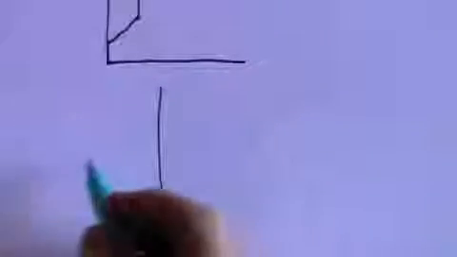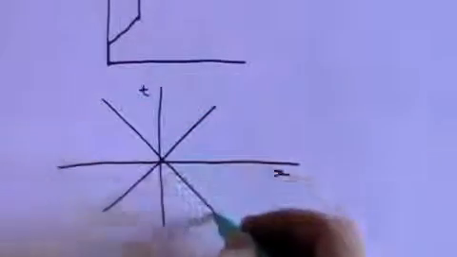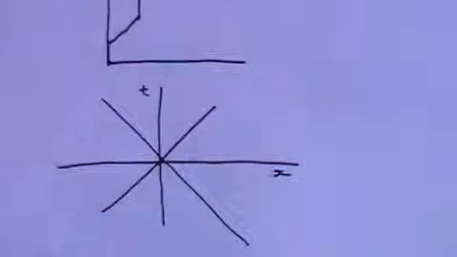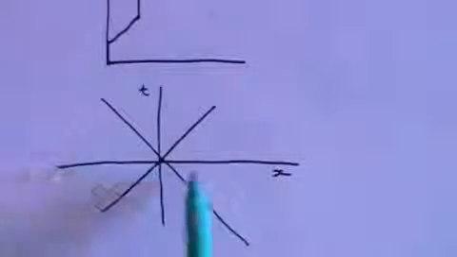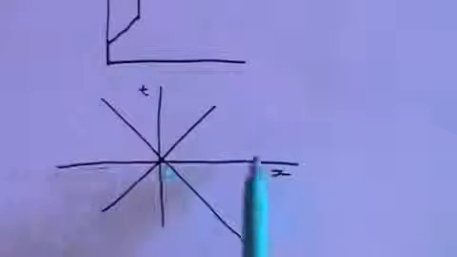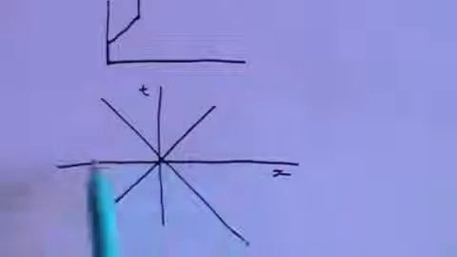Now we can draw the diagram in a slightly more complex way, and that is to say that those are the time and space coordinates, and we'll also draw in the speed of light coordinates. What we're really saying here is that you can travel to the left or to the right on the x-axis.